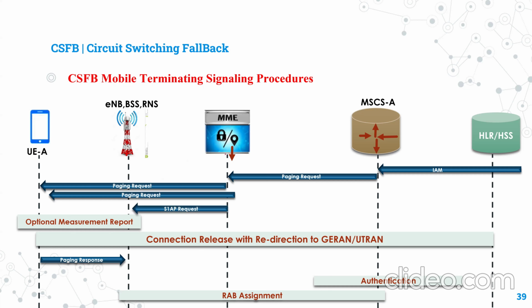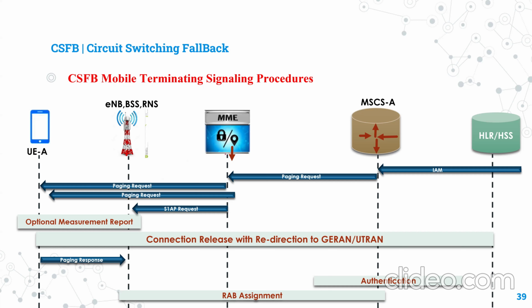Once this person drops to 3G, and again, before he drops to 3G, the E node B does connection release, as we mentioned, as it releases the radio channels and the EPS bearers. Now, once he drops to 3G, he will send paging response, okay, to the node B first, then to his MSC, and informs it that it dropped to a 3G site, and this is the cell that I'm on.